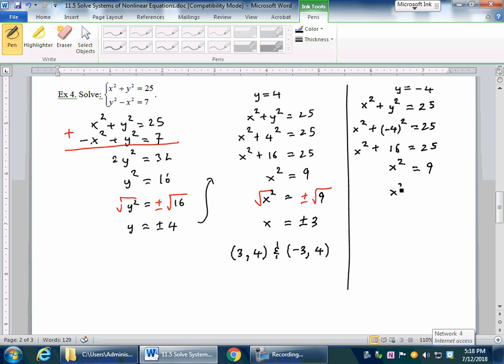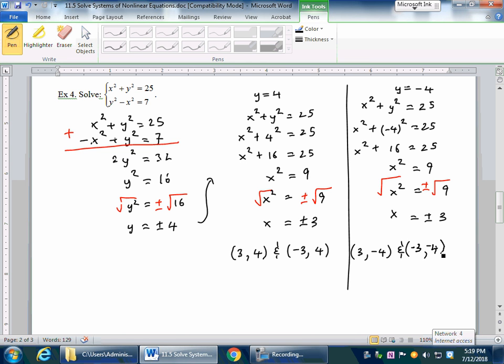When you take the square root on both sides, that will be plus or minus the square root of 9, which is again x equal to plus or minus 3. So I will have two more solutions: when x is 3, y will be negative 4, and when x is negative 3, y will be negative 4. So I have a total of 4 answers in this case.